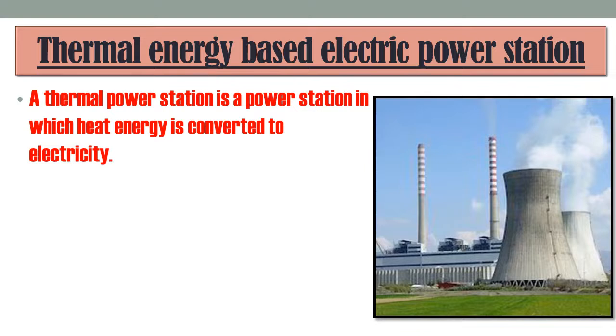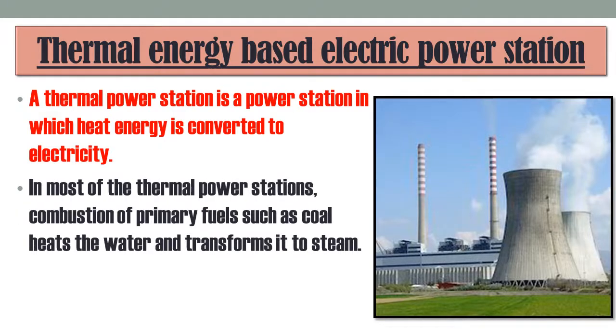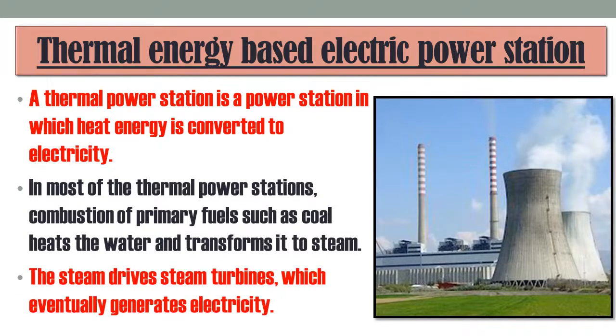A thermal power station is a power station in which heat energy or thermal energy is converted into electricity. In most thermal power stations, combustion of a primary fuel such as coal heats the water and transforms it to steam. That means by burning coal, the water is heated and transformed into steam, and the steam drives a steam turbine, which eventually generates electricity.